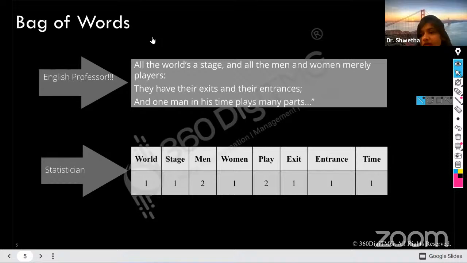Here, firstly, we try to tokenize the text. All the world's a stage, and all the men and women merely players. They have their exits and their entrances, and one man in his time plays many parts. So this is the text. For this, we will tokenize each word. Tokenizing is basically splitting when there is a delimiter.